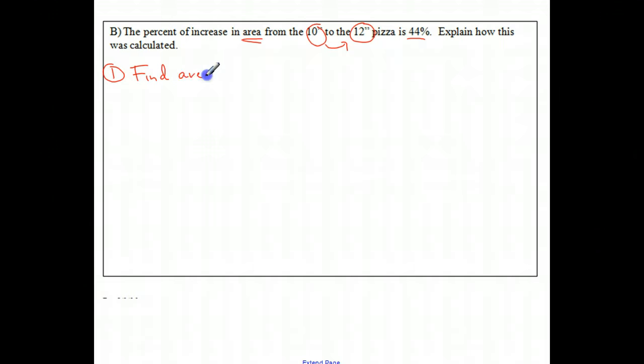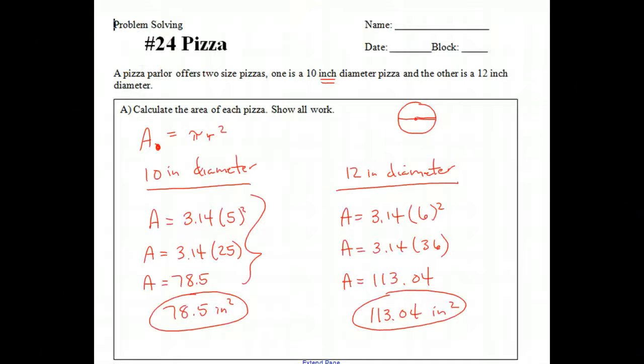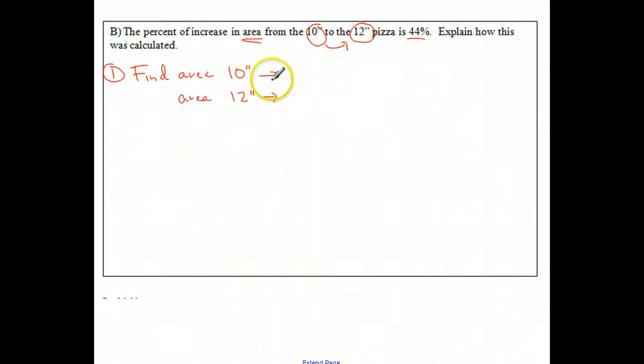The first thing I'm going to do is find my area of the 10-inch and the area of my 12-inch. Obviously we found those numbers in the first problem, so I'm just going to write them down below, 78.5 and 113.04.